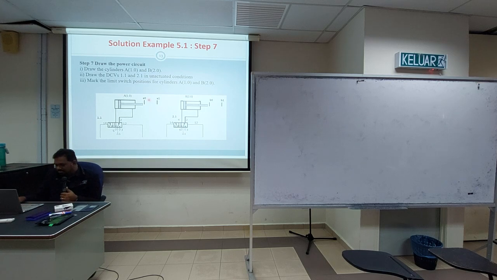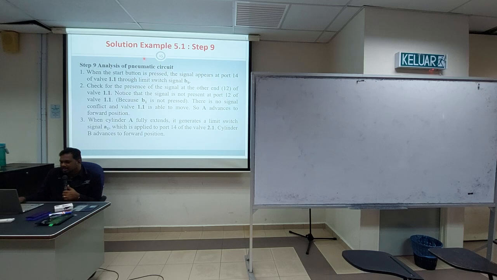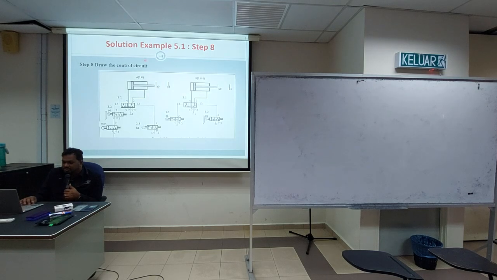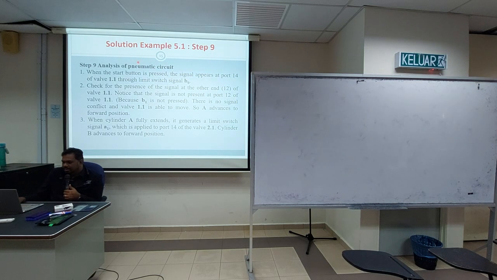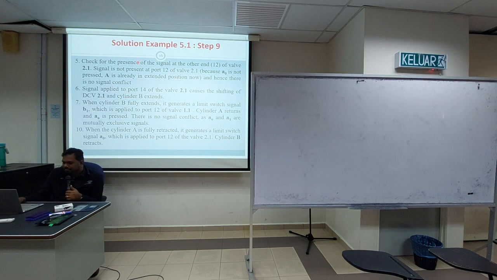So follow the steps. Start with drawing the power circuit first, then baru masuk ke control circuit. Control circuit adalah macam yang ada sensor, push button, roller sensors, itu yang kita panggil as control circuit. Then this is analysis. Yang part ni pun tak ada dalam tutorial nanti.